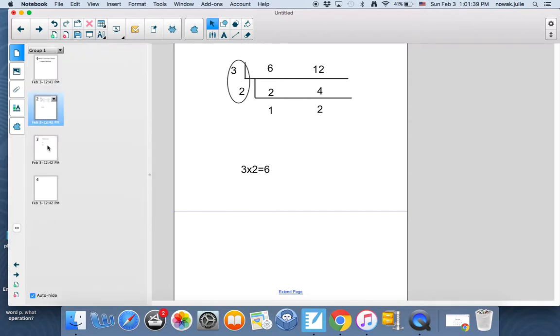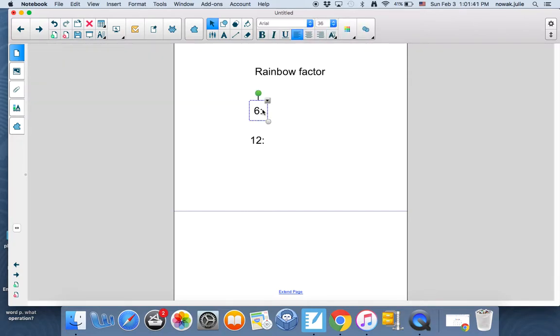I'm going to check my work using a rainbow factor. So if I'm finding all the factors of 6, I'm going to start with 1. It's 1 times 6, 2 times 3, and I'm done. I'll do the same for 12. 1 times 12, 2 times 6, 3 times 4, and I'm done.